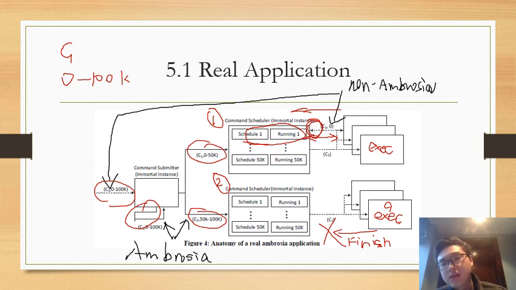Then this machine finds out it has already executed this command, so it just resends the finished message instead of re-executing the command C1. So this guarantees exactly-once execution.